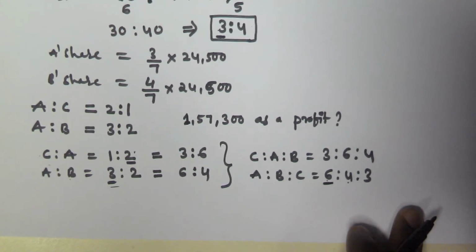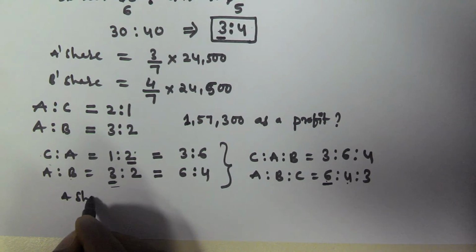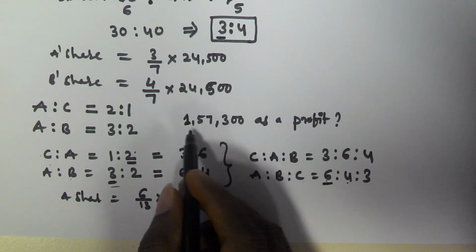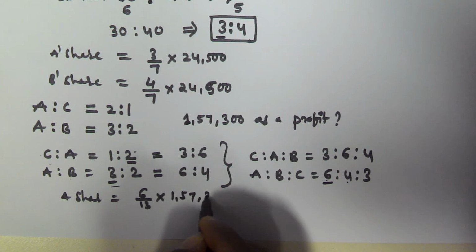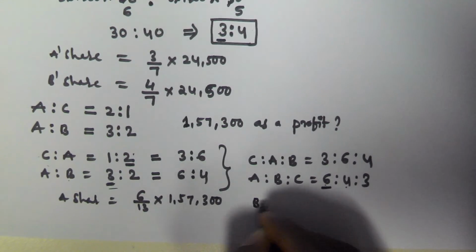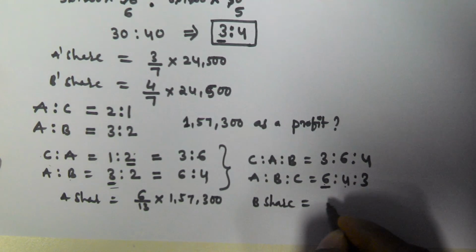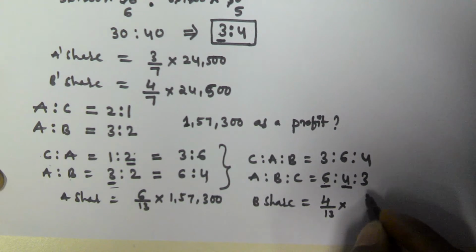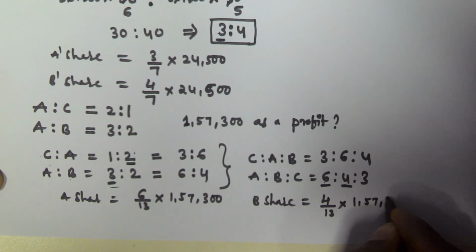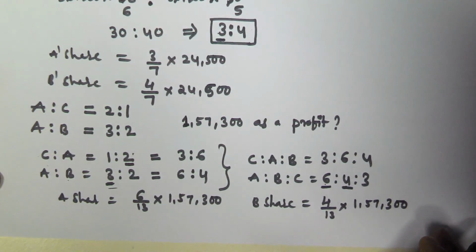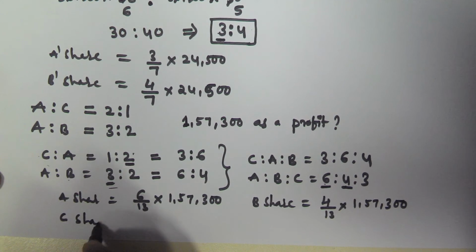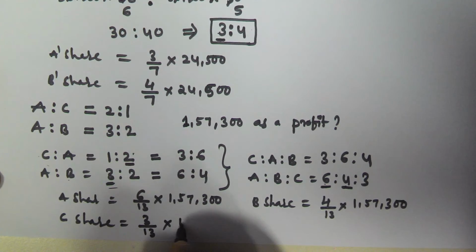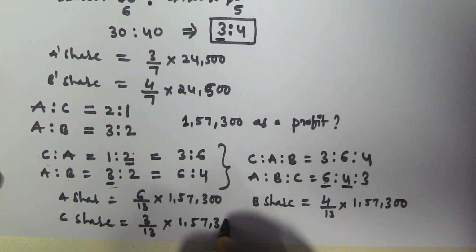So A's share is equal to 6 by 13 into 1,57,300, and B's share is equivalent to, he got 4 parts out of 13, that is 4 by 13 into 1,57,300. And C's share is equivalent to, he got 3 parts out of 13, 3 by 13 into 1,57,300.